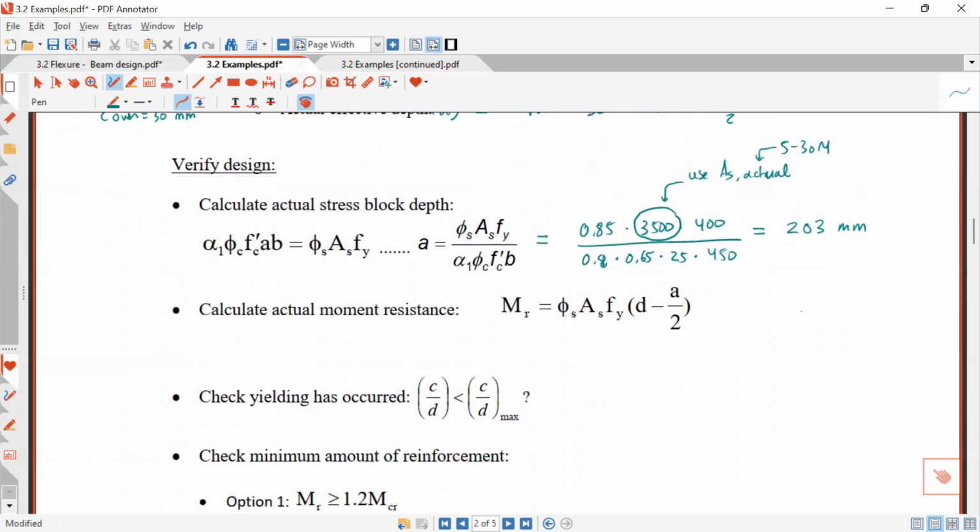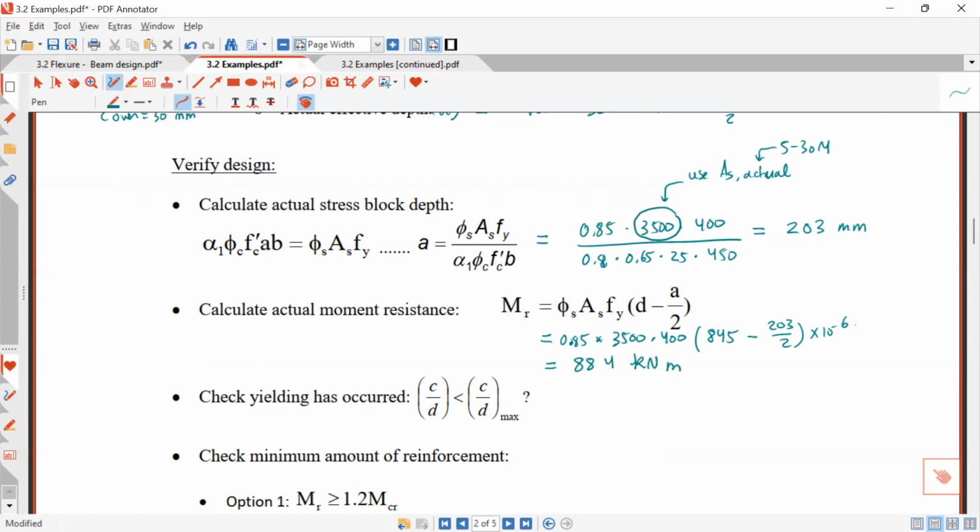Okay, now I do this MR check. So MR now is equal to phi S, so 0.85 times AS. Again, I use the 3,500 times 400 for the Fy. D, I use the actual D, 845 minus A, 203 over 2, times 10 to the minus 6. And if I do this, I'm going to end up with 884 kilonewton meter.